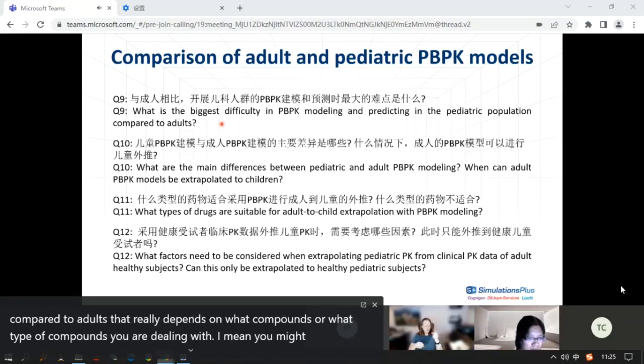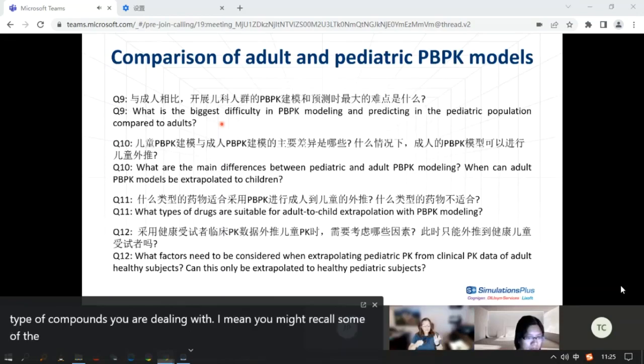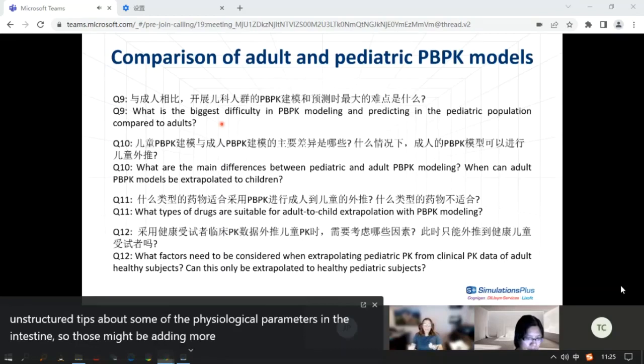You might recall some of the information presented in the webinar. One is there are still uncertainties about some of the physiological parameters in the intestine. So those might be adding more uncertainty to the predictions. Of course, the ontogeny of transporters.